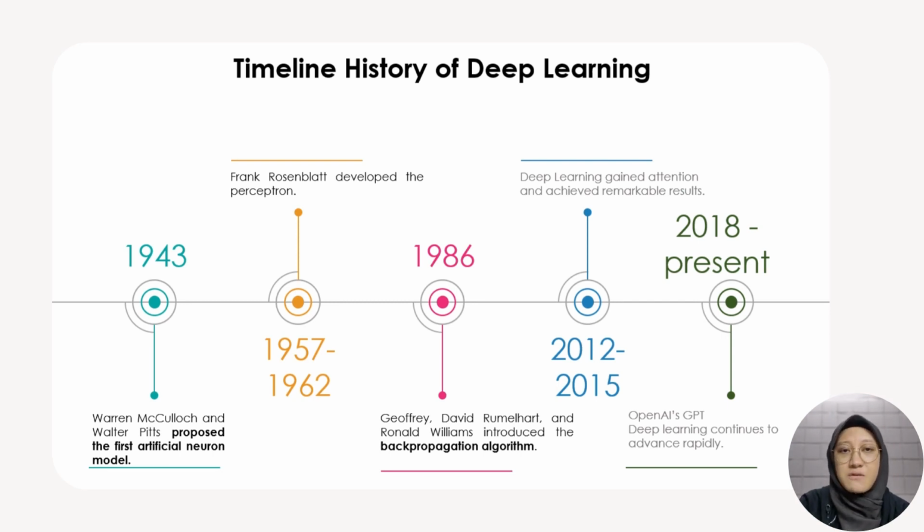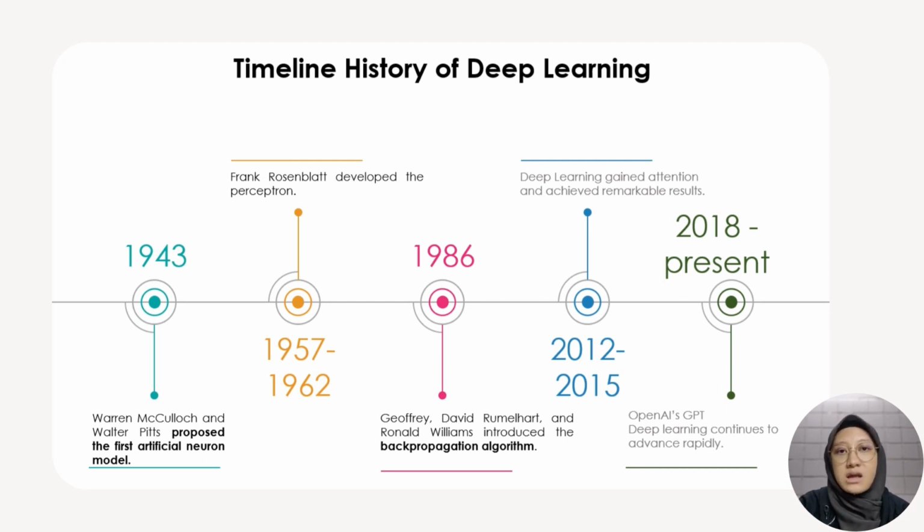From 2012 until 2015, deep learning gained significant attention and achieved great results in various domains, such as image and speech recognition, autonomous driving, and more. From 2018 until the present time, OpenAI's GPT was released in 2018 and was superior to other existing language models at the time for problems like reading comprehension, common sense, and reasoning.